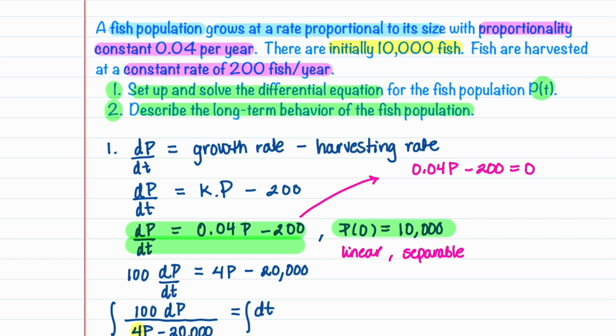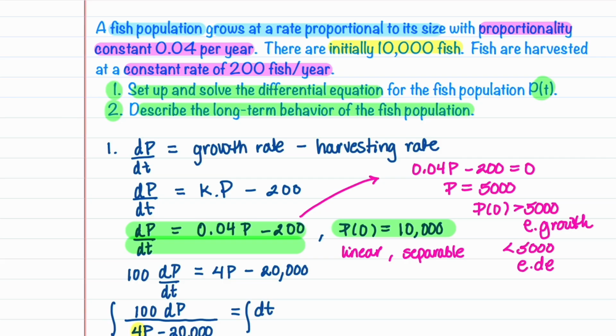If we solve this for p, we get that p is equal to 5,000. This tells us that if our initial population is greater than 5,000, we're going to have exponential growth. And if it's less than 5,000, we're going to have exponential decay. And our population will become extinct.